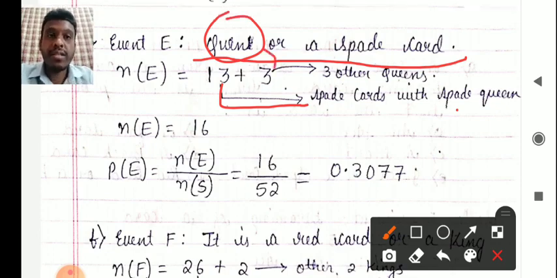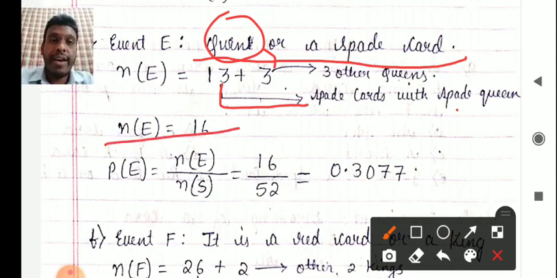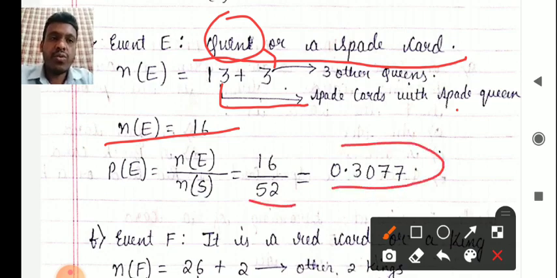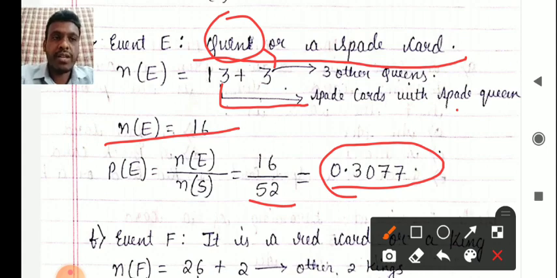So 13 plus 3, it is not 13 plus 4, remember, it is 13 plus 3. So total number of items in set E is 16. So probability of E is equal to n of E upon n of S, which is equal to 16 upon 52, which is equal to 0.3077. And today's last part we will take after this.